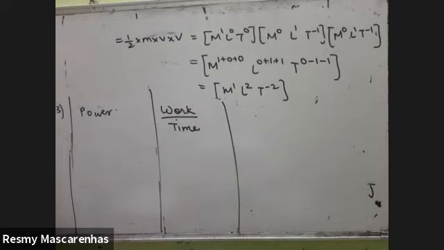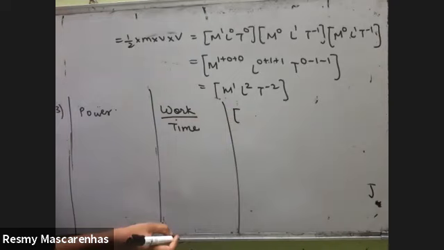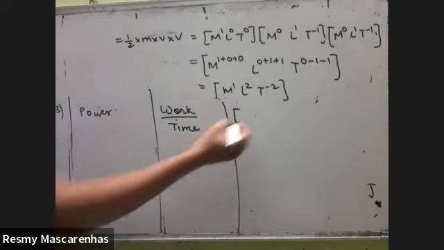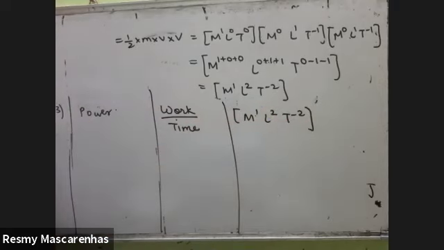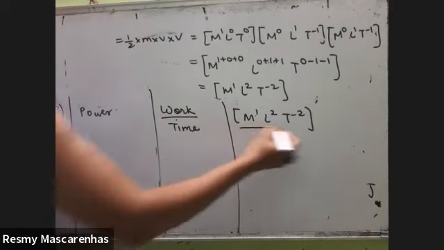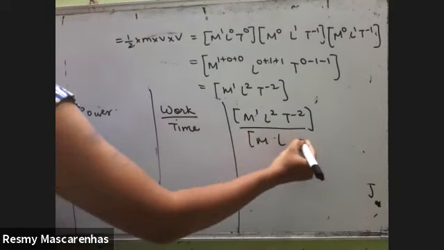In the 11th one, we have already solved the dimensions for work. Just use those work dimensions. And the time dimension will be, this will be 0. Now take the powers up and calculate.